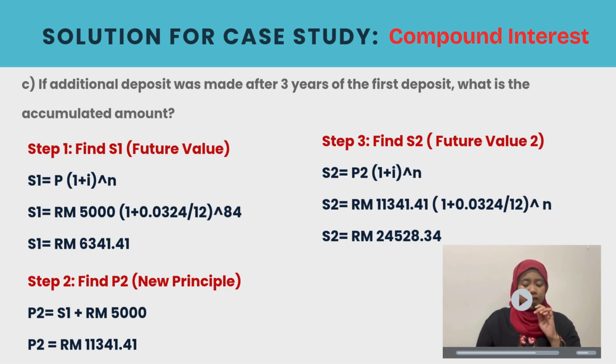S equals P(1 plus i) to the power of n, which is RM11,341.41 times (1 plus 0.0324 over 12) to the power of 48, and the answer for S is RM24,528.34.